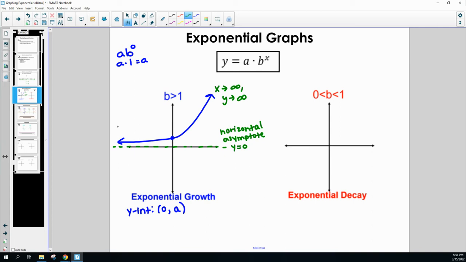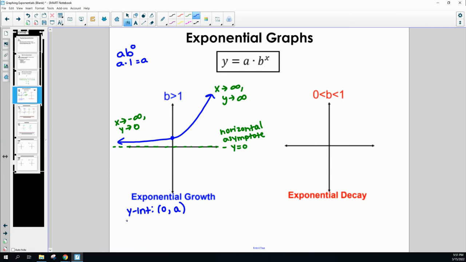On the left end here, x is approaching negative infinity because it's going to the left, but y, instead of approaching either infinity or negative infinity, because it's going straight and it's almost parallel to this asymptote, we're going to say that y is approaching 0. So y will approach the asymptote here. It's not going to go below it, and it's not going to go back up towards infinity.